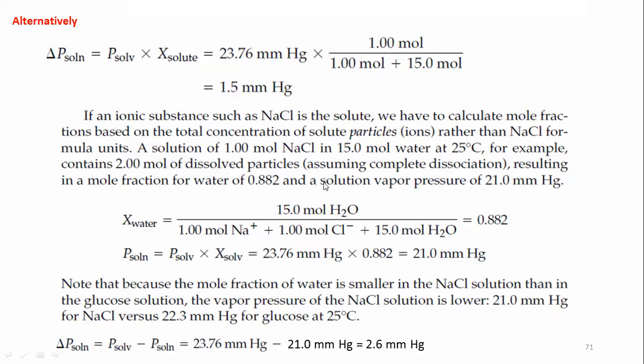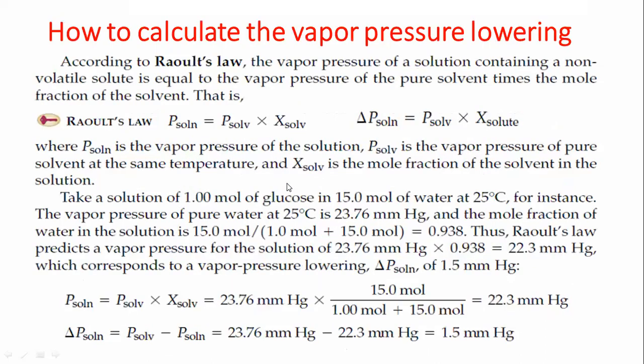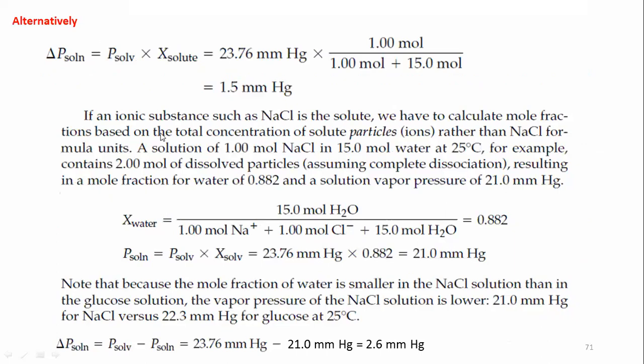So what has actually changed? When you added 1 mole of the glucose into 15 moles of the water, the vapor pressure of the solution was 22.3 mm of mercury. But when you added sodium chloride into water, now the value is 21.0 mm of mercury.